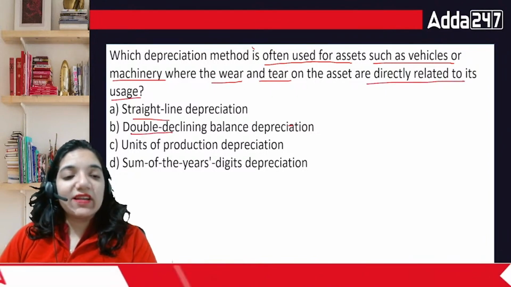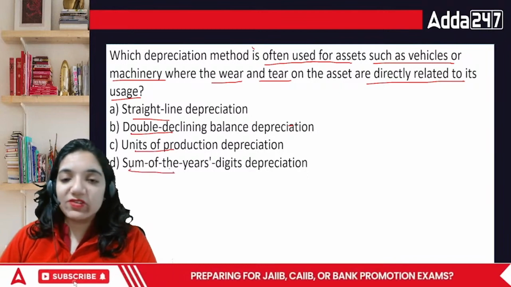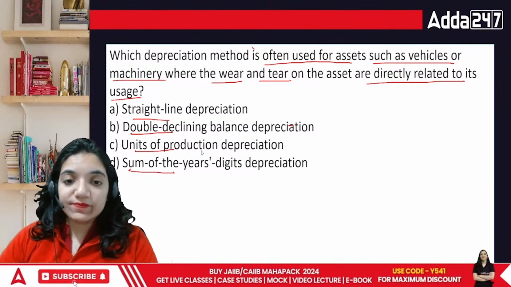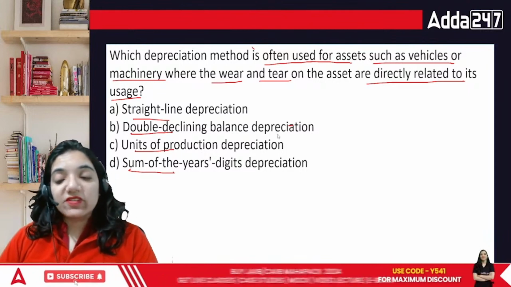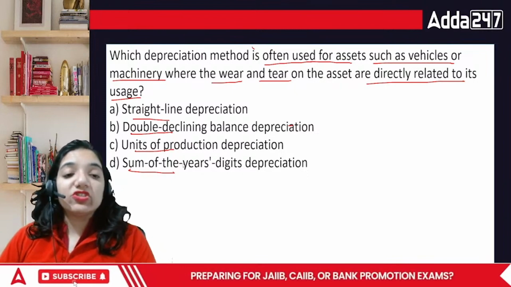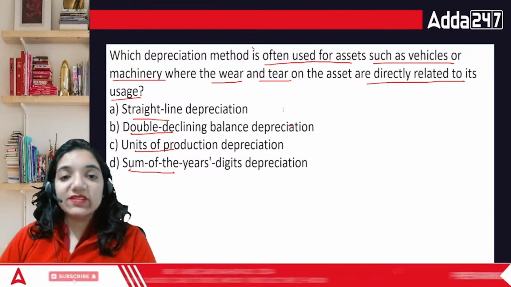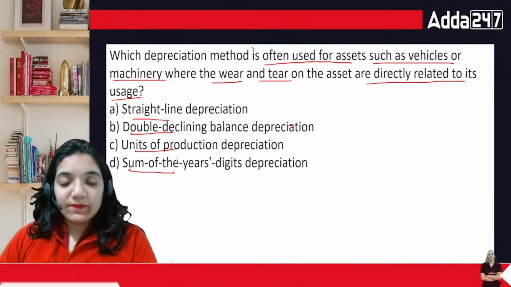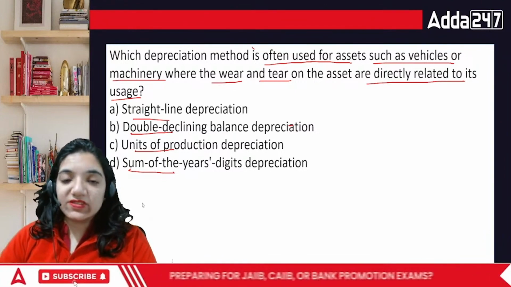SLM, double declining, units of production, or sum of year digit method? Everyone, this question relates to the usage. In the previous question, it talked about the same amount being charged as depreciation every single year unfailingly. So what's the answer according to you?